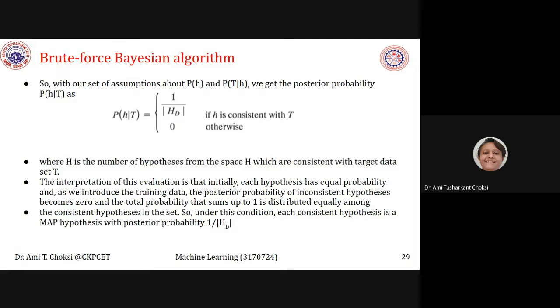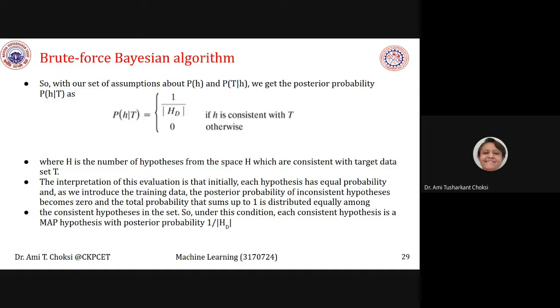So with our set of assumptions about P(h) and P(T|h), we get the posterior probability P(h|T) equal to 1 upon |HD| if h is consistent with the target T, or otherwise it is 0.